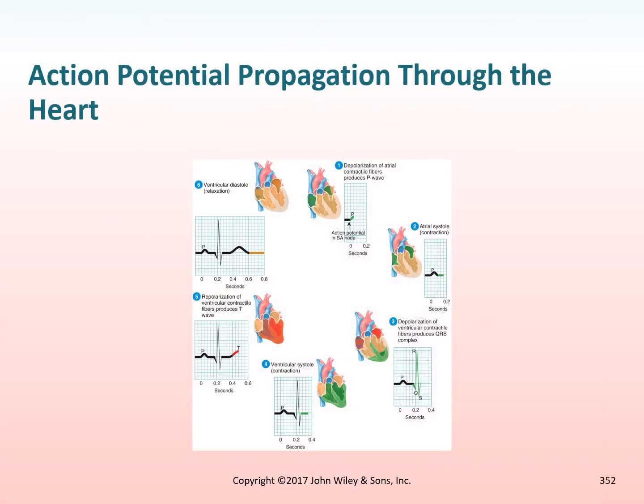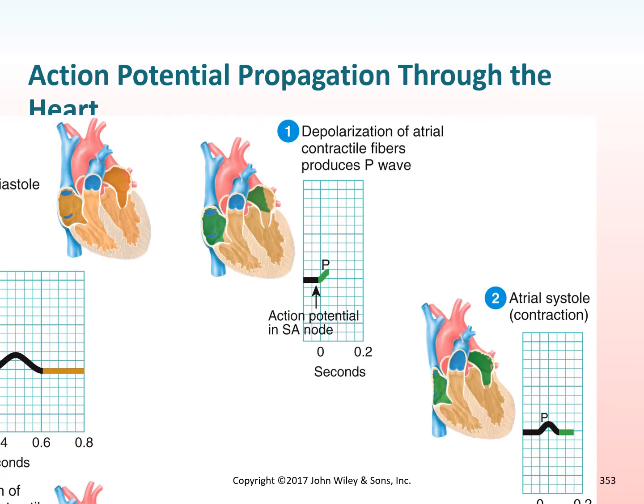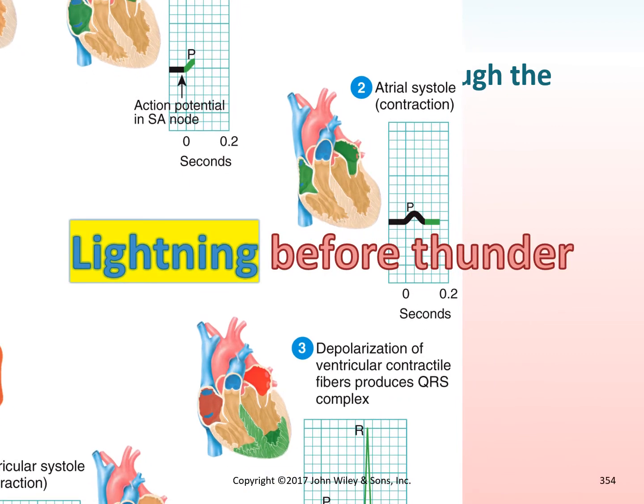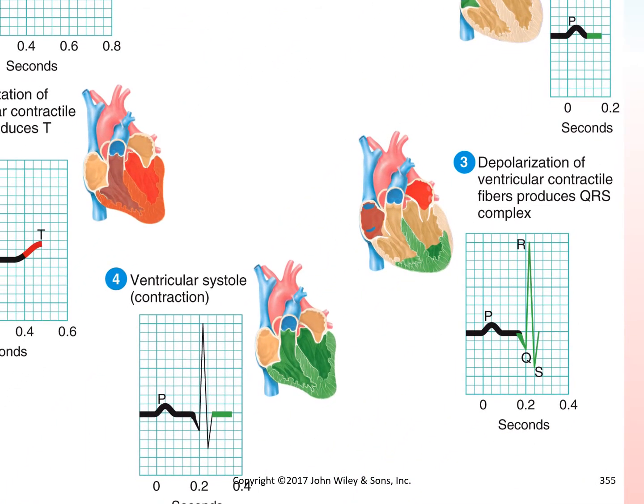Action potential propagates through the heart. You see the P wave. The atria begin to contract right after that. And the QRS right after that is the ventricle contracting. In other words, we're looking at the electrical activity passing through, which is accompanied by an almost immediate muscular reaction.